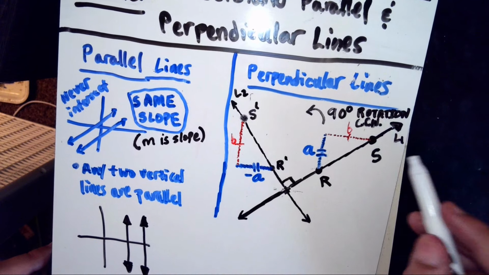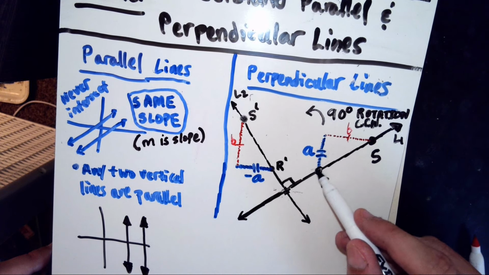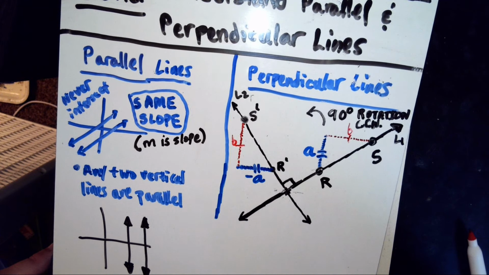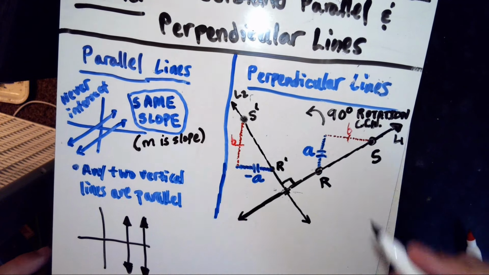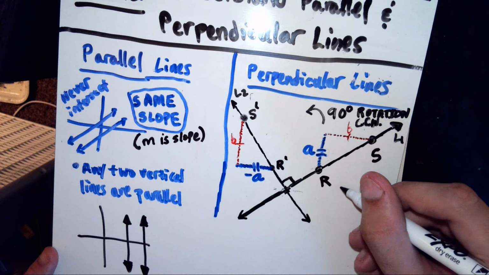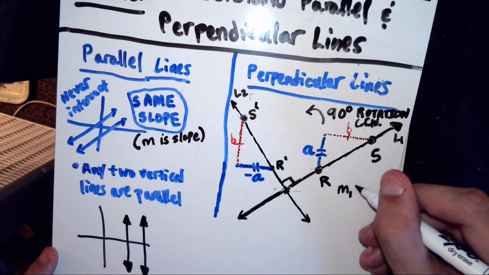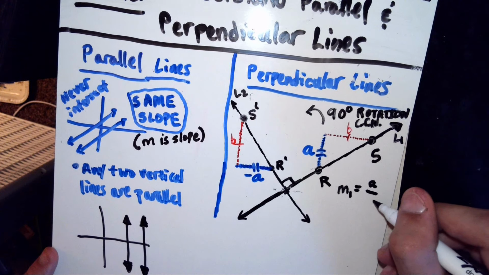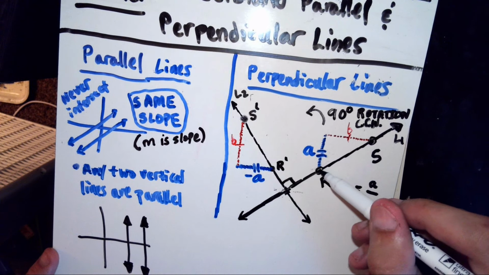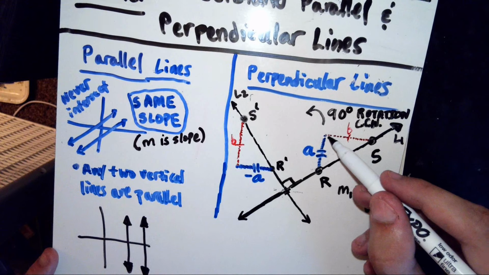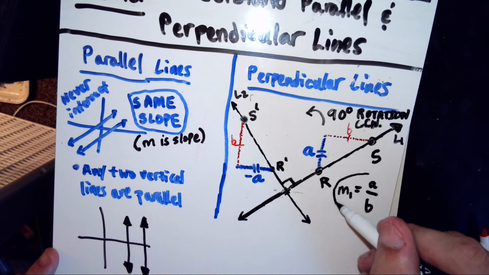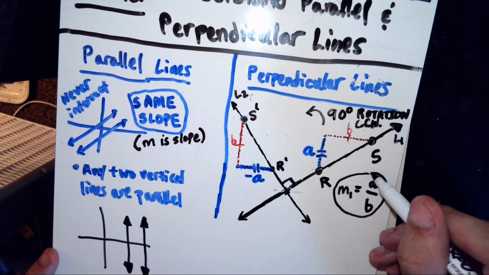Notice that the line L1 has 2 points on it, R and S. Now, I can calculate the slope between R and S, or the slope of L1, so I'll say the slope of L1 is M1. M1 would be A over B here, because the rise component between R and S is just A, and then the run component is B. So this is generically what the slope of this line is, A over B.